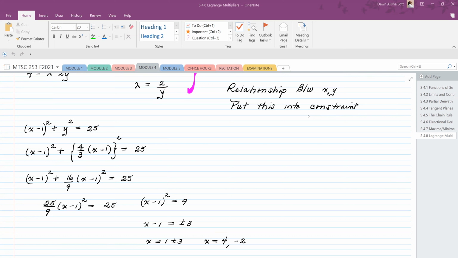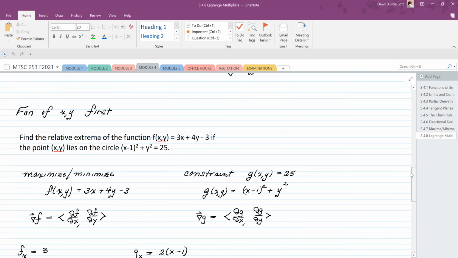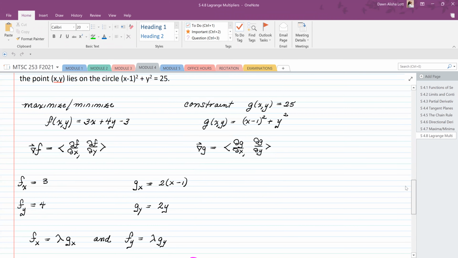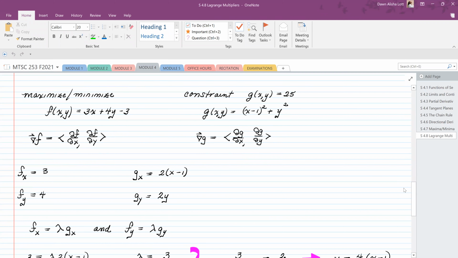Okay, we were working in the Lagrange multiplier section, and the problem we were looking at was trying to maximize the value of 3x plus 4y minus 3, subject to the constraint. So basically, this is what we have.